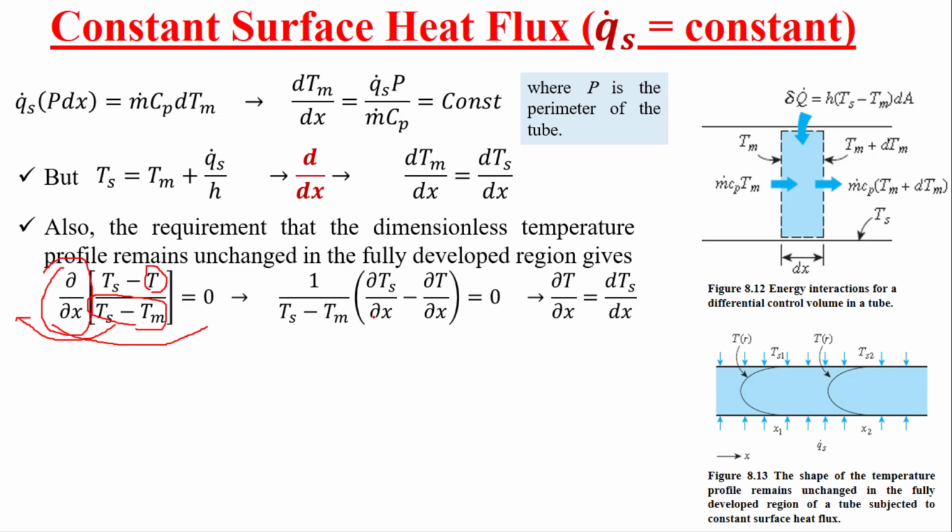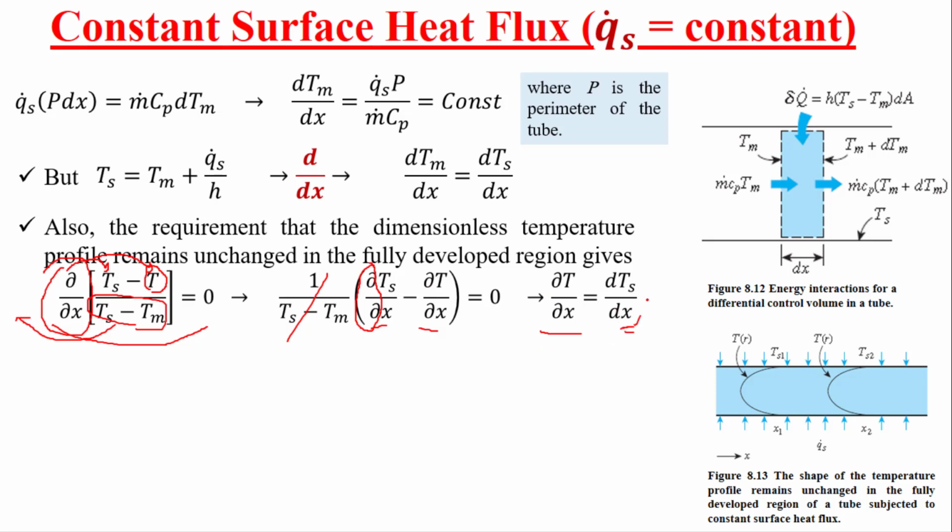The partial differential of Ts minus the partial differential of Tm, so this term vanishes to 0, and we end up with dTm/dx at any location equal to dTs/dx. Okay, so this partial derivative becomes an ordinary constant one, because the surface temperature has only one variable, which is the length.